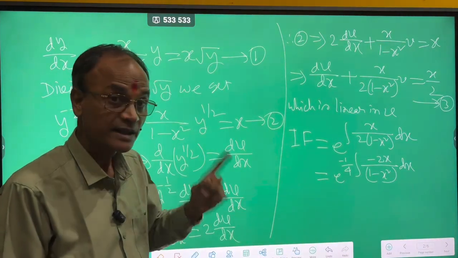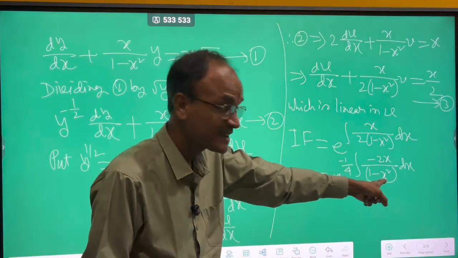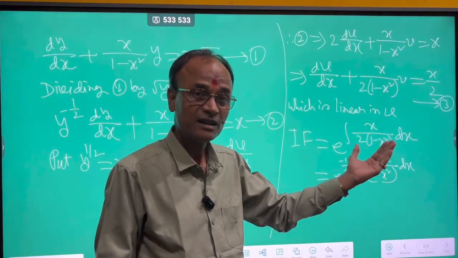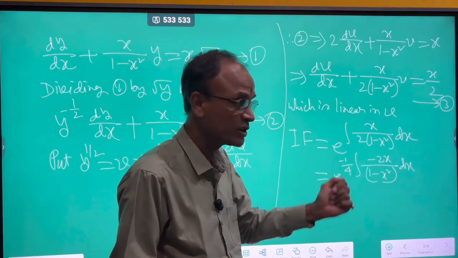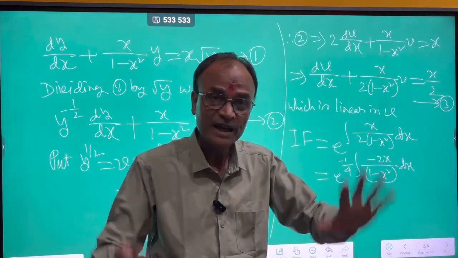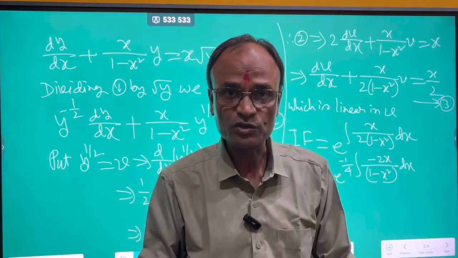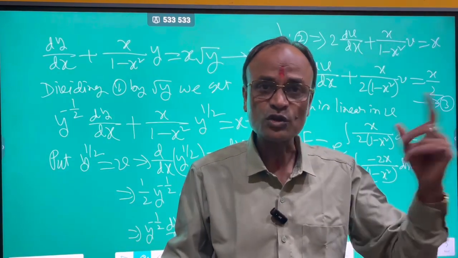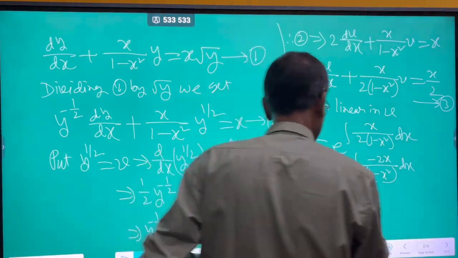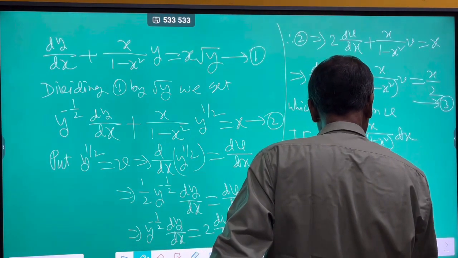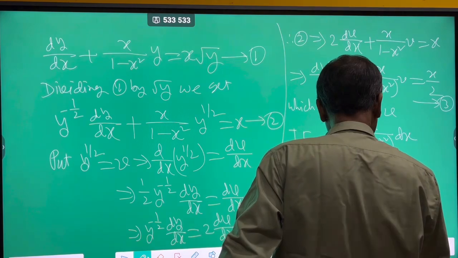Now, the differentiation of 1 minus x square is minus twice x, which is written in the numerator. This means the numerator is the differentiation of the denominator. Integration is simple, log of the denominator. This is equal to e to the power minus 1 by 4 log of 1 minus x square.